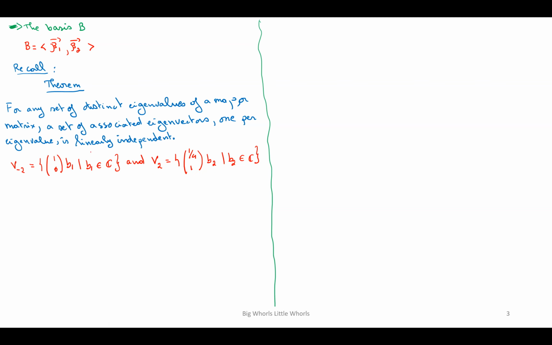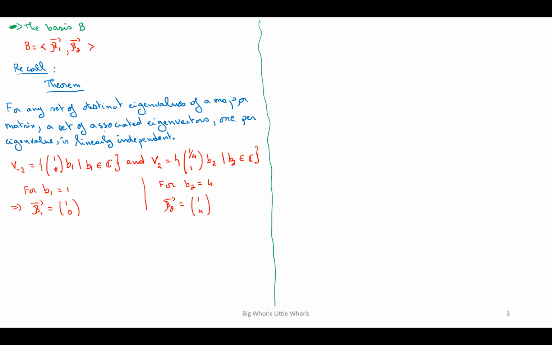Okay, so here, as the theorem says, let's pick any vector from the first eigenspace. For b1 equals 1, we have the vector beta 1 equals (1, 0). And here for b2 equals 4, let's go with 4 so that we can have a nice vector, beta 2 equals (1, 4).